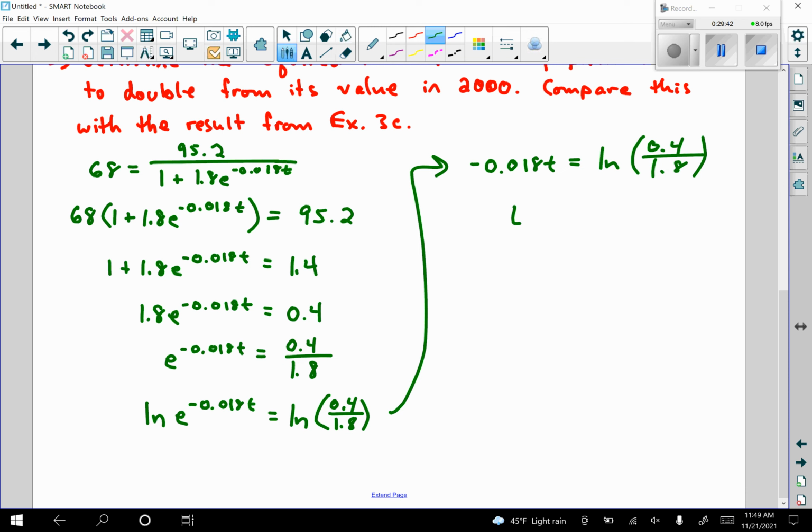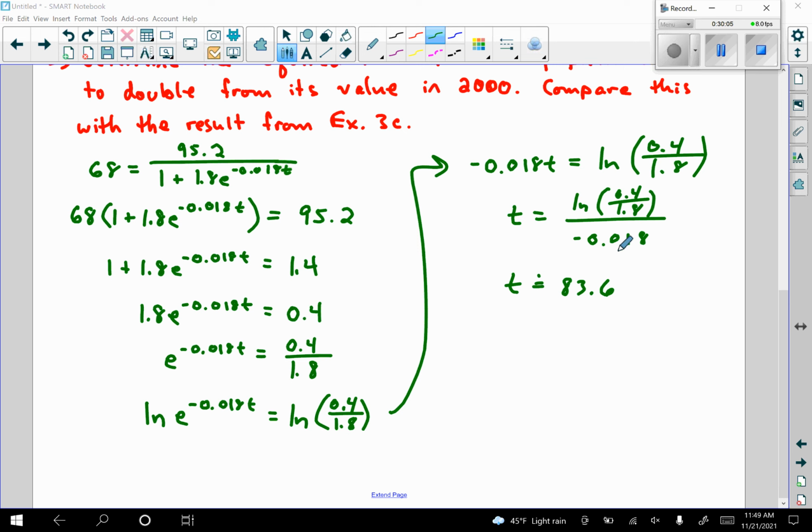So t is going to equal the natural log of 0.4 over 1.8, divided by negative 0.018. And this will give us approximately 83.6. So this tells us that the population will double in approximately 83.6 years.